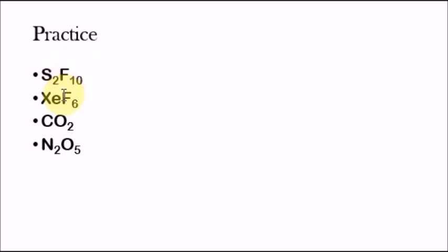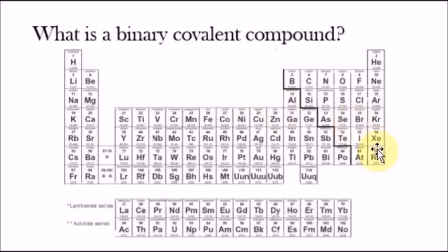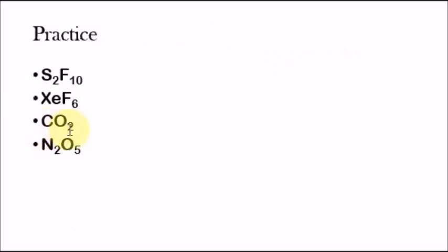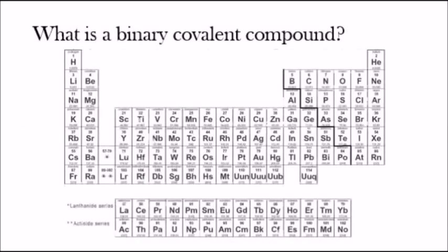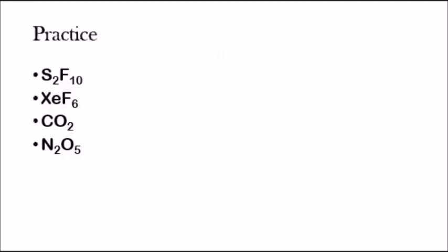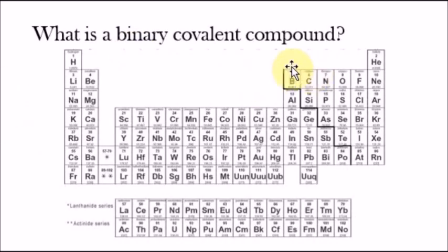Let's look at our second compound, xenon and fluorine. Xenon and fluorine are both to the right side of the zigzag line on the periodic table. That's good. Carbon and oxygen are also to the right side of the zigzag on the periodic table. So that's good. And nitrogen and oxygen are also on the right side of the periodic table. So we're good here.